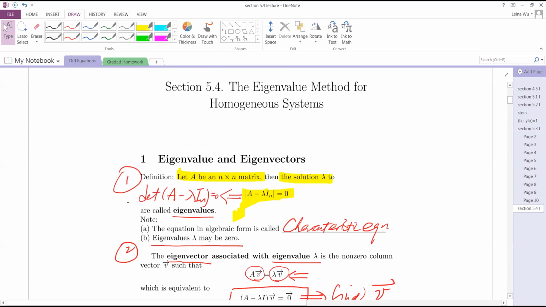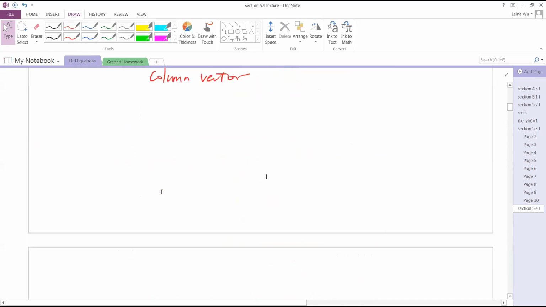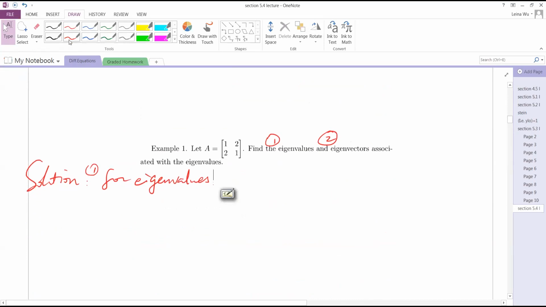Let's just follow this definition, okay? It's the determinant of A minus lambda I_n equals 0. Here, A is 2 by 2, so this identity should be size 2 by 2 as well.